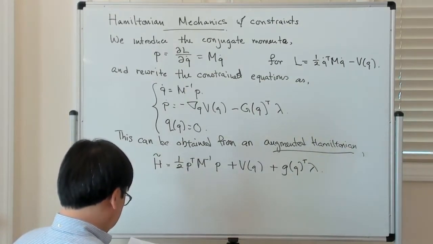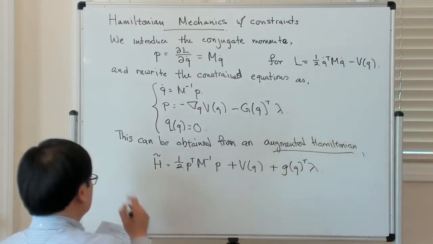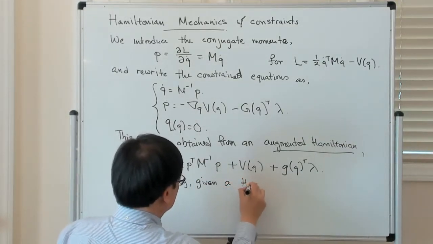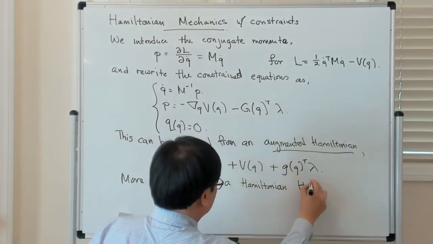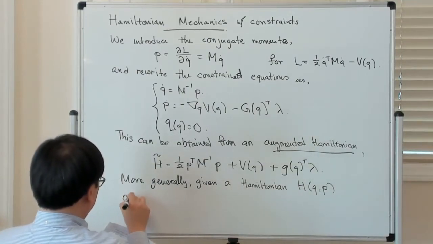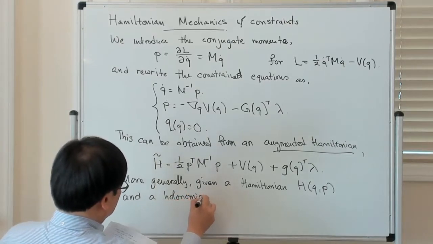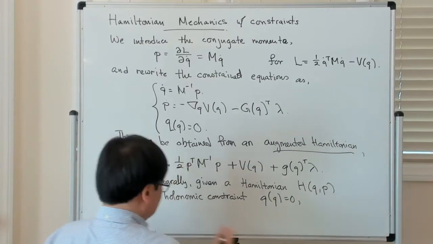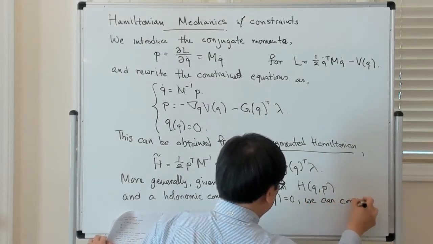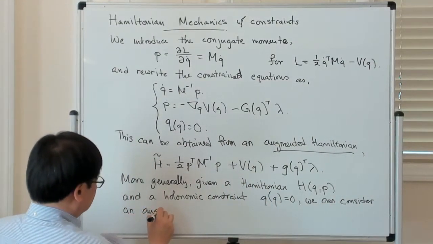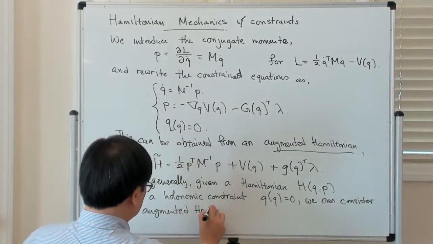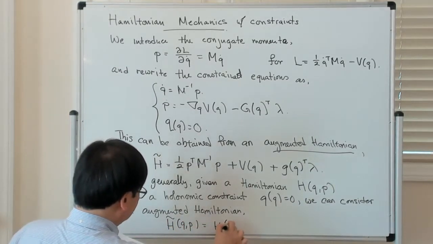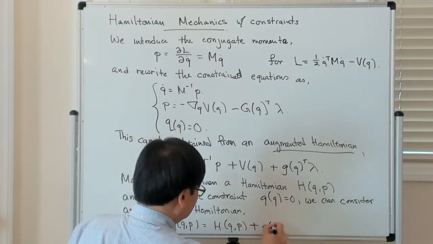More generally, given a Hamiltonian H of Q, P and a holonomic constraint G of Q equals 0, we can consider an augmented Hamiltonian, H tilde of Q, P, which is the original Hamiltonian H of Q, P plus this multiplier term G of Q transpose lambda.